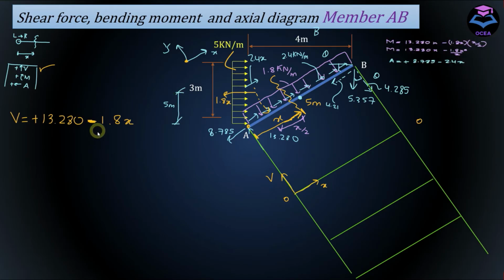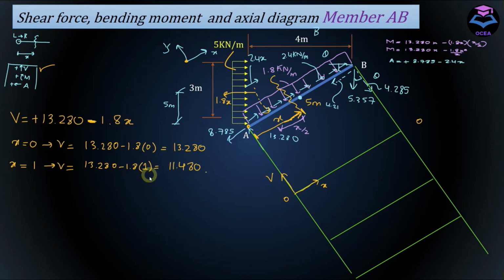To write the shear force equation, substitute different values of x along the length of the member. First I'm going to substitute x equals 0 in this equation, and this gives me, and the next value at which I want to calculate the shear force is x equals 1, and shear force at x equals 1 is equal to.